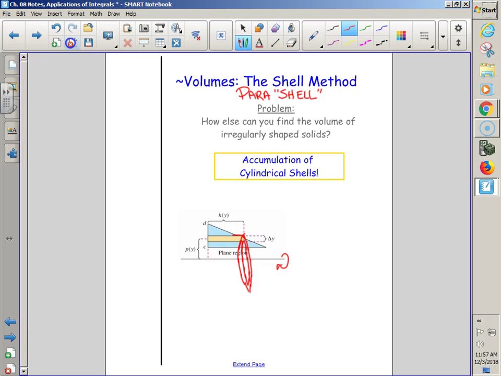when you do that, you end up with a cylinder. You end up with a cylindrical shell.